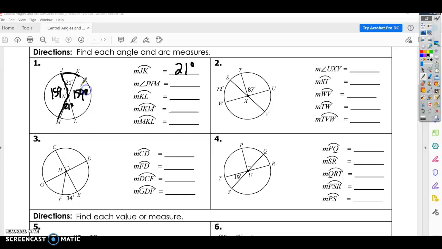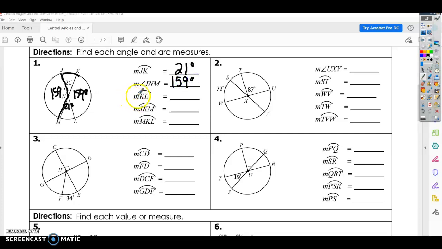You can check your math: if you add these four numbers up, your central angles should equal 360 degrees. So the measure of angle JNM, an angle is always 3 letters, would be 159 degrees.